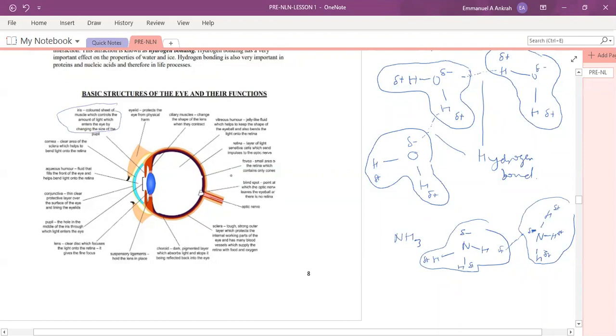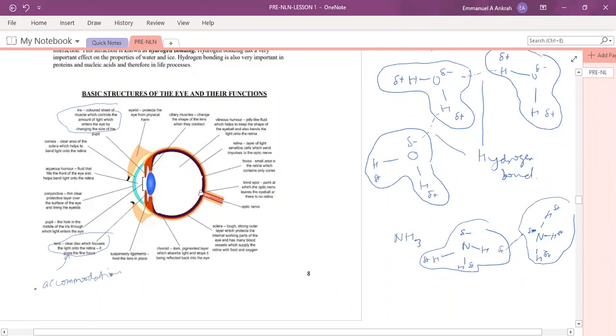Then the lens, the function of the lens. The lens is for focusing. Another name for focusing is accommodation. Accommodation is a word for focusing. That's the function of the lens.